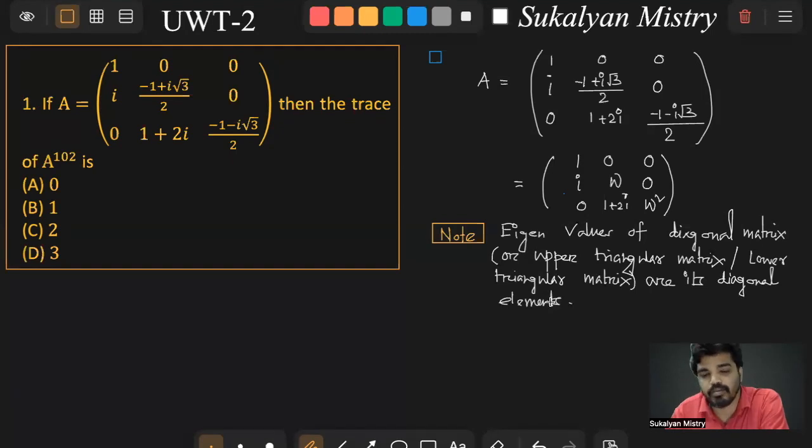So it is a very, very important note. The eigenvalues of a diagonal matrix or upper triangular matrix or lower triangular matrix are its diagonal elements.